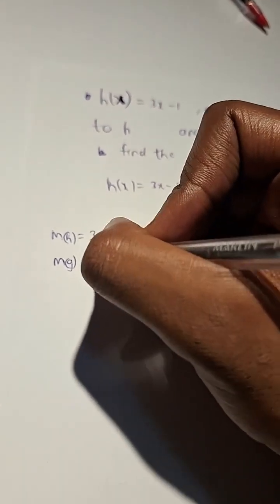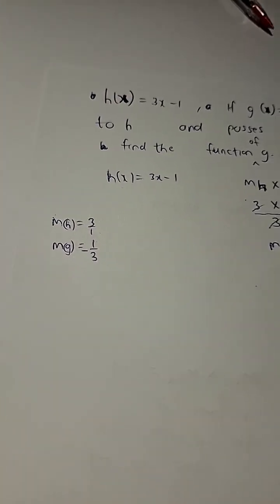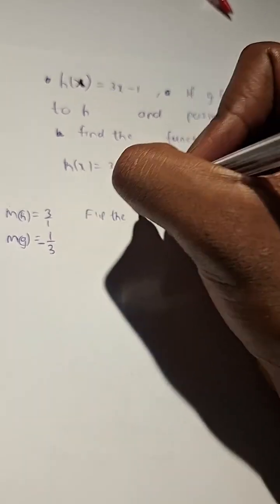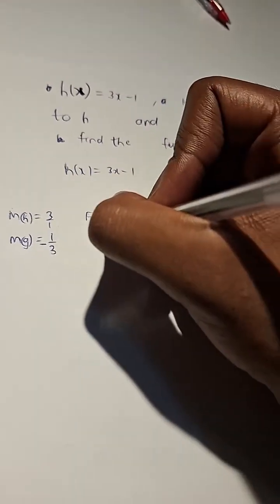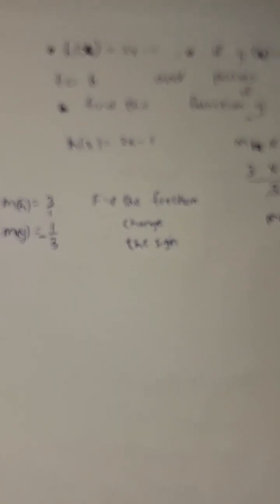Some people may find it easier to just say, flip the fraction, so 3/1 becomes 1/3, and then they change the sign. Flip the fraction, change the sign.